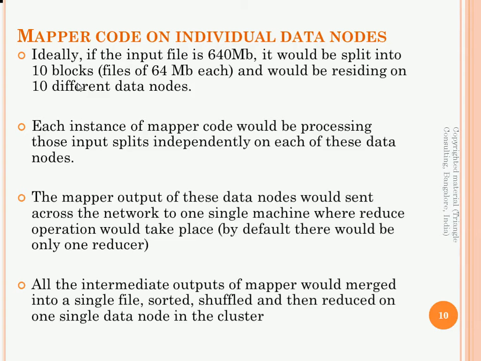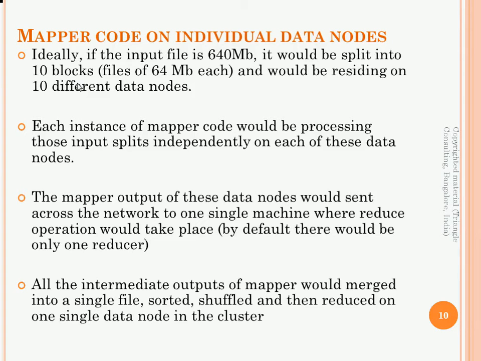The Hadoop distributed file system manager takes care of splitting up this large input file into smaller chunks of 64 MB and storing them on individual data nodes. So 10 different data nodes on this 100 node cluster, for example, would be storing these input splits.